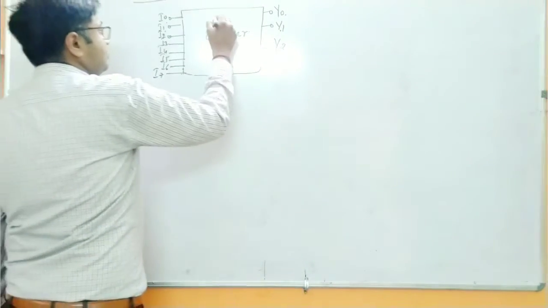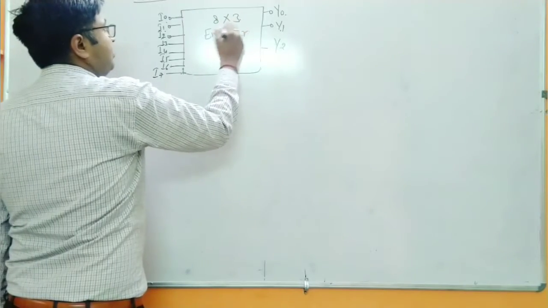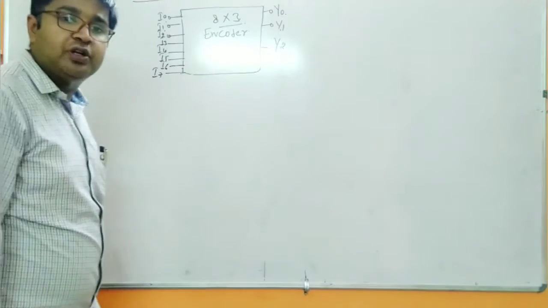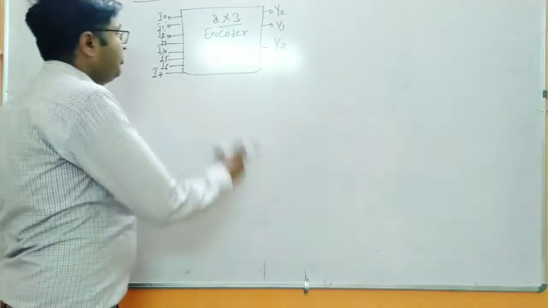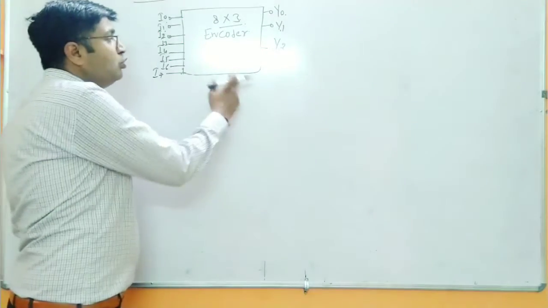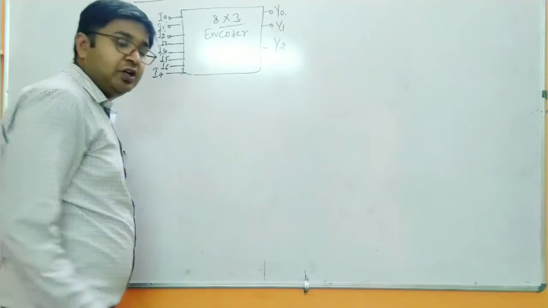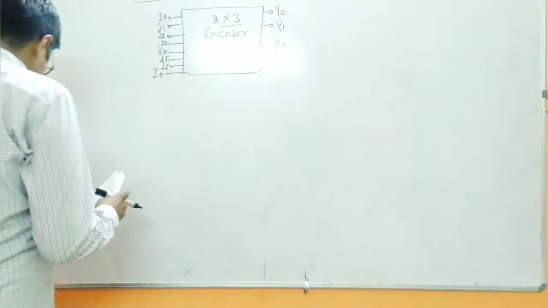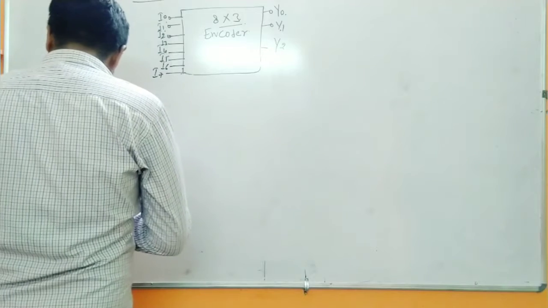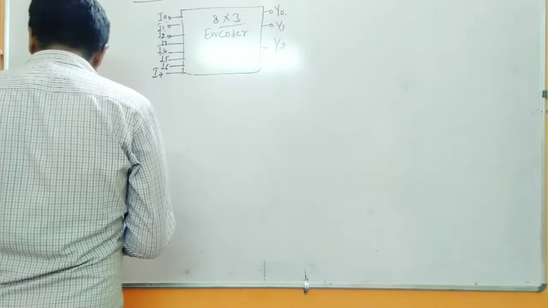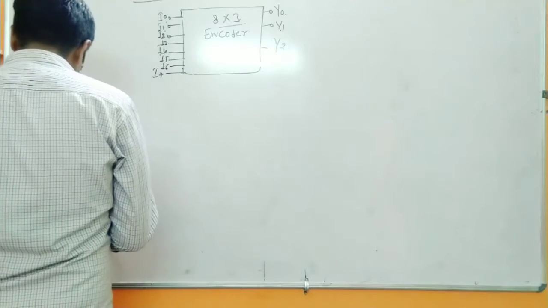This is the 8 by 3 encoder, or we call it the octal to binary encoder. What it is doing is, it has 8 inputs and produces 3 outputs corresponding to that particular input.